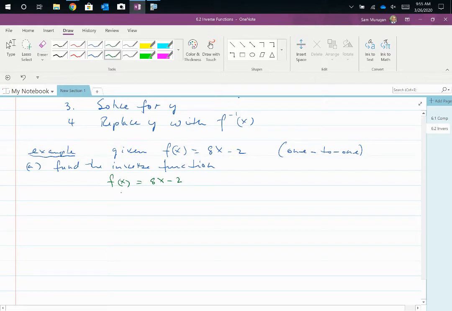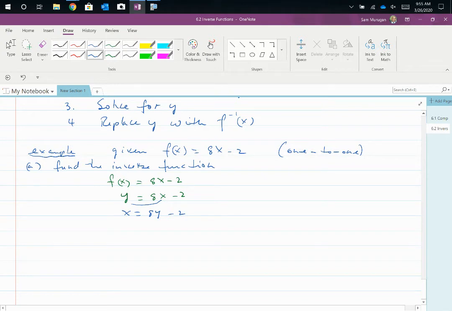That's step 1, which says to replace f of x with y. Then interchange x and y. So in place of y, I'm going to put x, and in place of x, I'm going to put y. So x is equal to 8y minus 2.